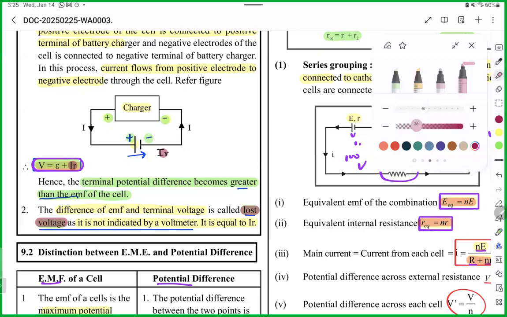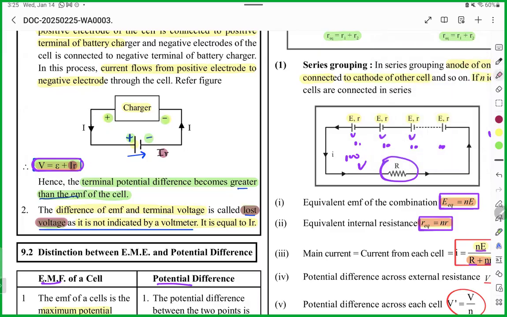It is not measured by any voltmeter. So what is this value? Example, if your EMF value is V plus Ir, so E minus V will be equal to Ir, I small r. So this lost potential is the difference between EMF and voltage. Done. It's just a definition. Nobody will ask a question from this.